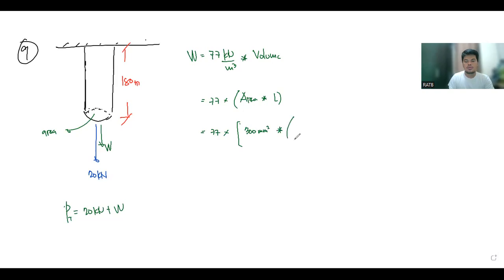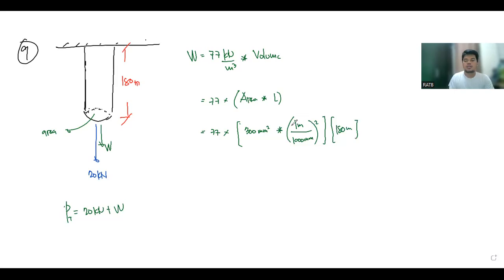So you must convert this into meters. So you will have 1 meter per 1000 mm, squared. This is the area multiplied by the length, where length is equal to 180 meters.